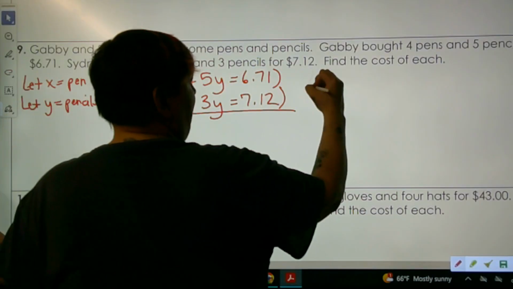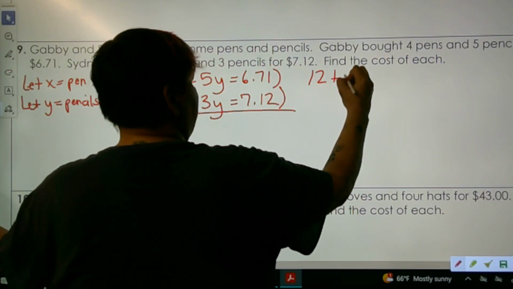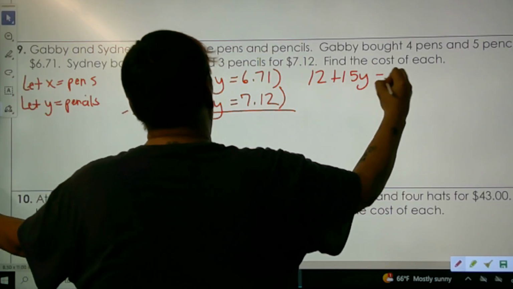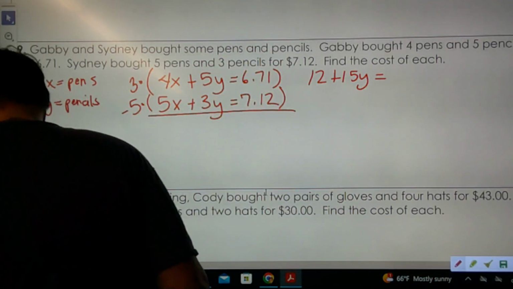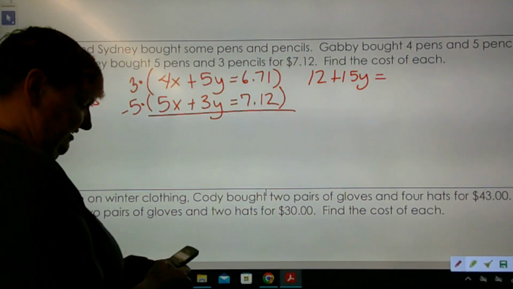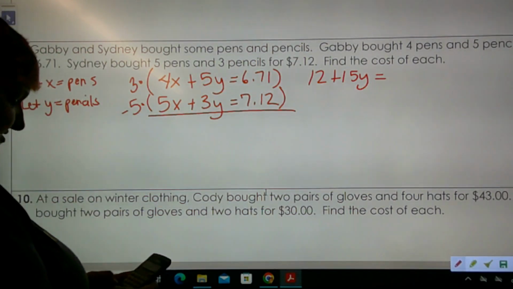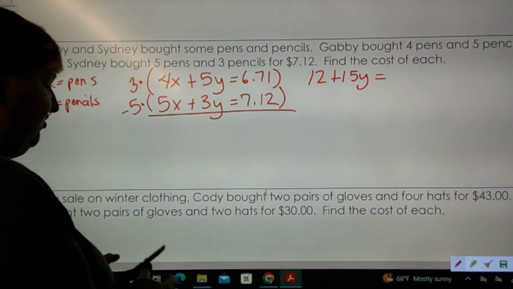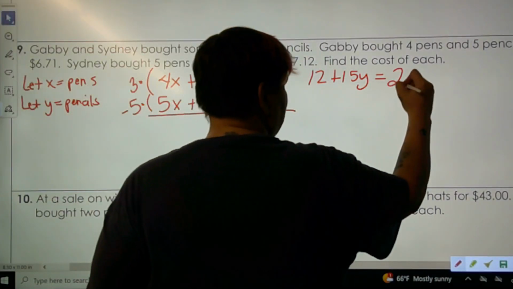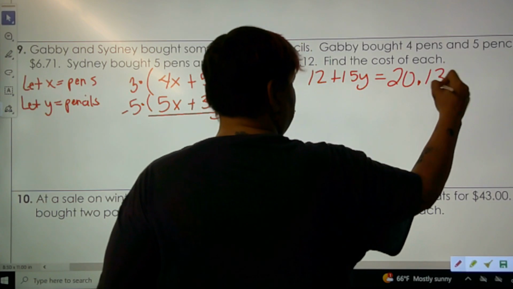So now we have 12x plus 15y equals, let's do 3 times $6.71, should be $20.13. I would have been off by 3 cents, but I was pretty close.